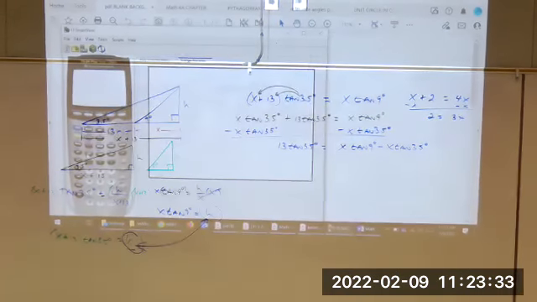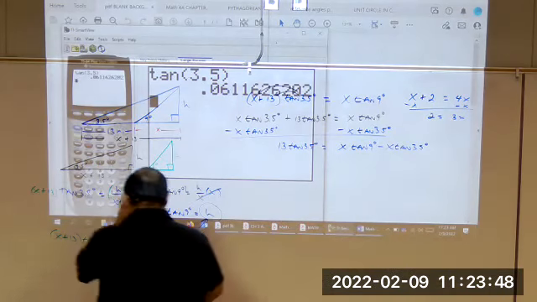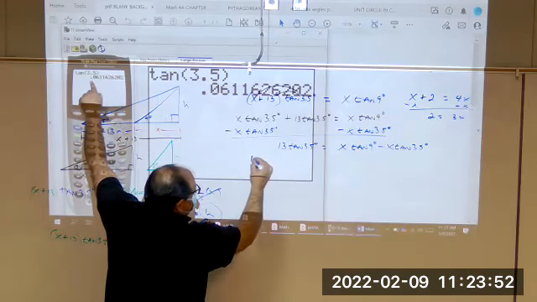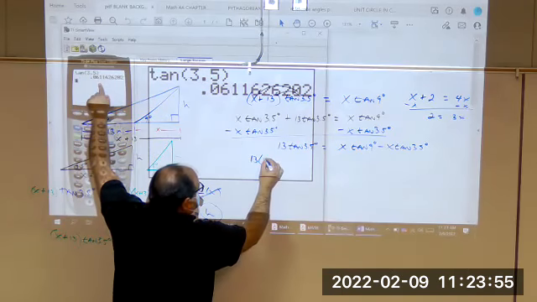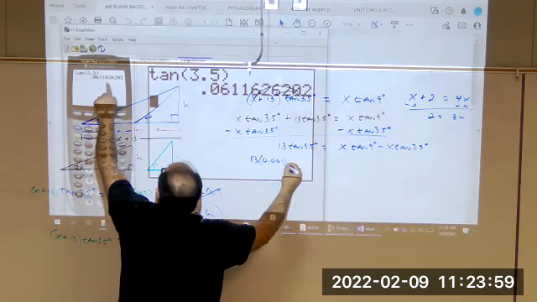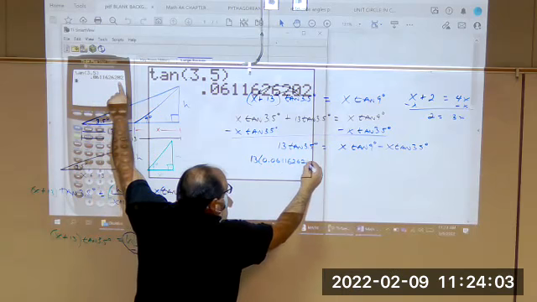So the tangent of 3.5, I'm going to write it out. Over here, this is 13 times 0.0611626202.